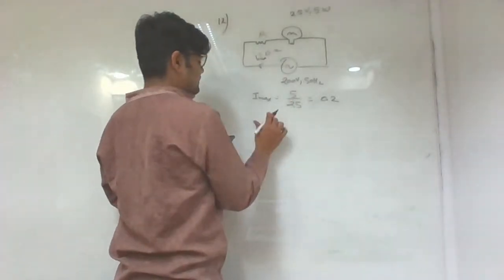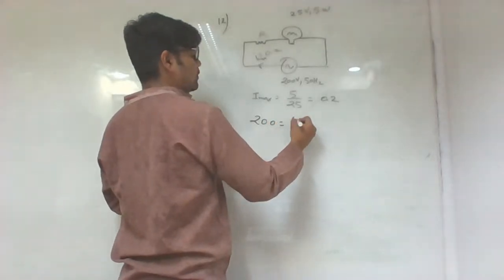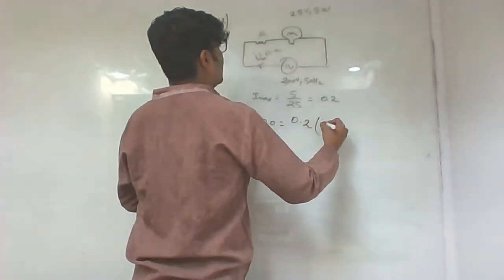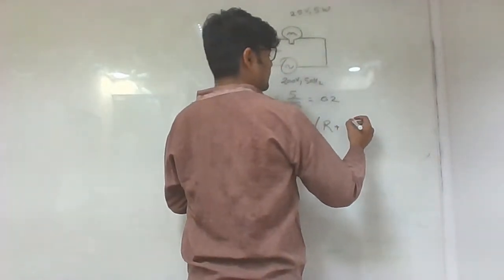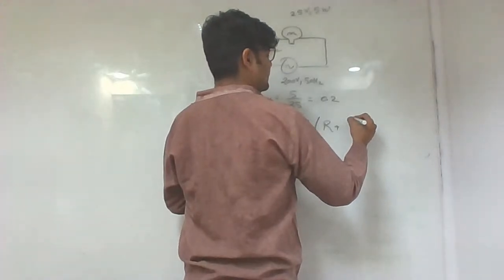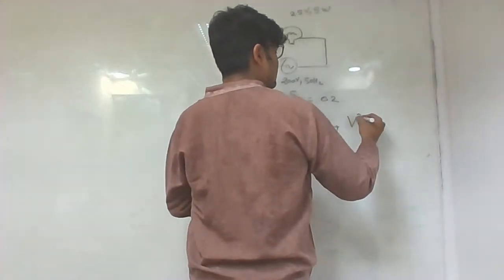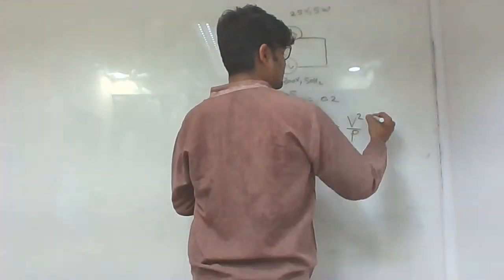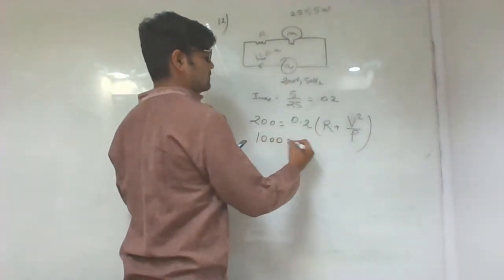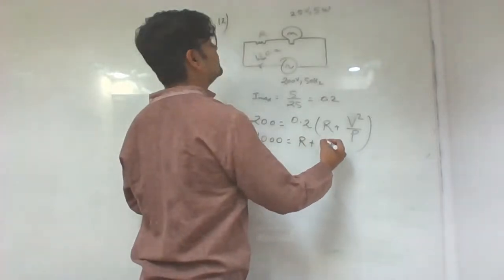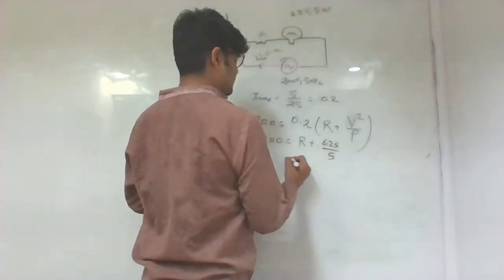Now, it comes from this AC source at 200. So 200 is equal to 0.2 into R plus the resistance of the bulb, which can be V square by P. This is 1000 is R plus V square by P, which is 125.